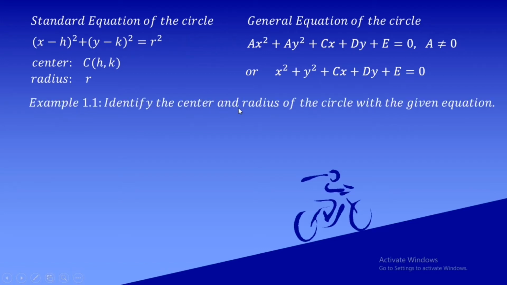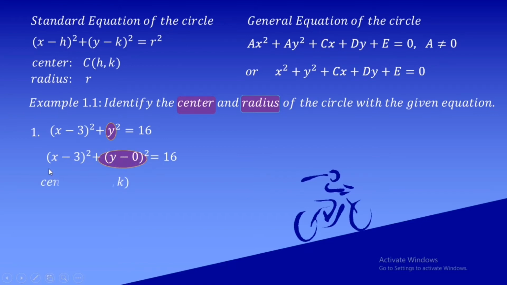Example number 1: identify the center and radius of a circle with a given equation. Our first example is in the form of a standard equation: the quantity of x minus 3 squared plus y squared is equal to 16. The y here can also be written as y minus 0 squared is equal to 16.